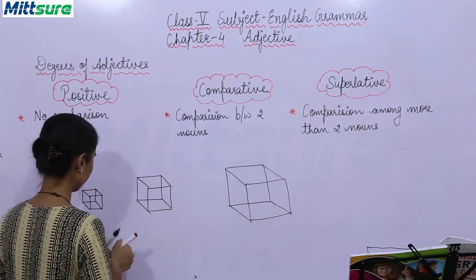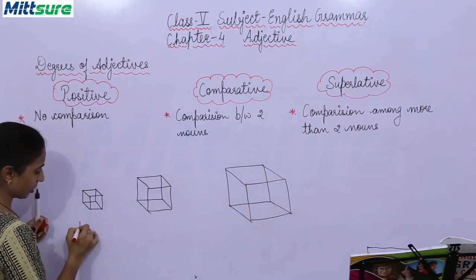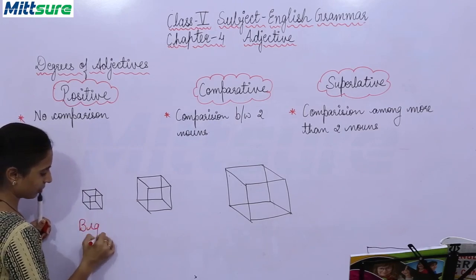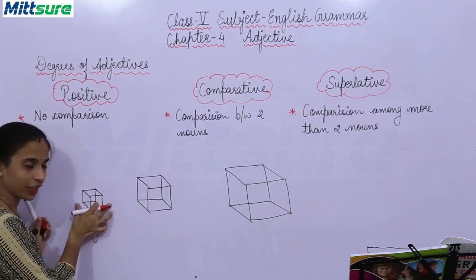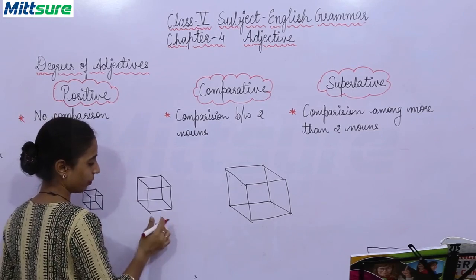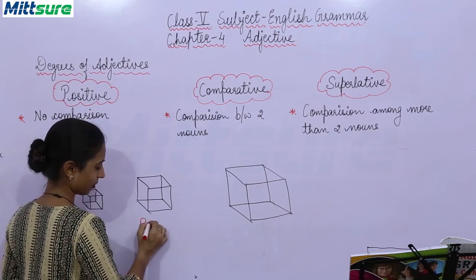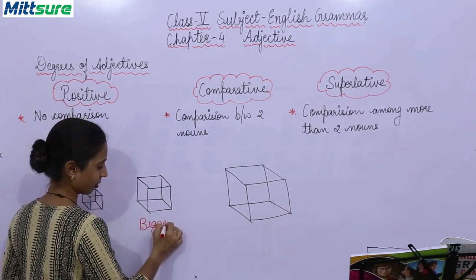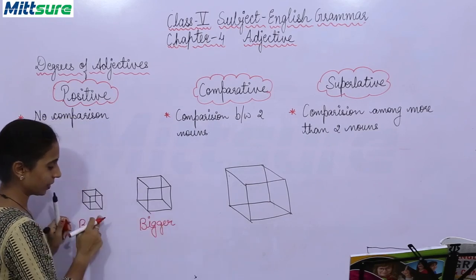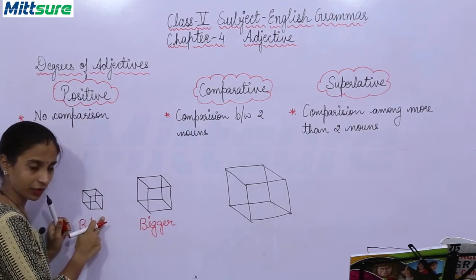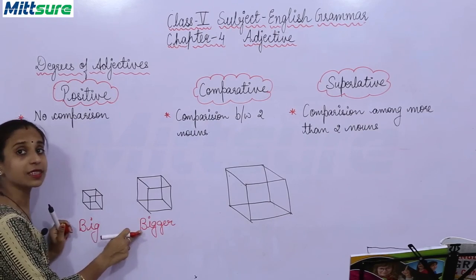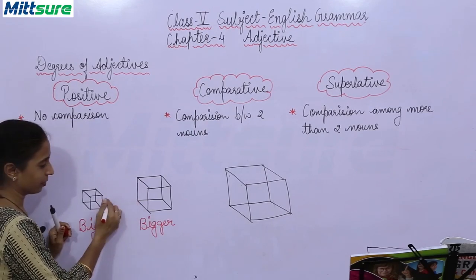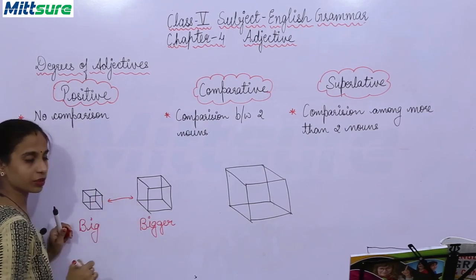Just see that. Big is positive degree, bigger than the previous one is comparative degree, comparison between these two boxes.